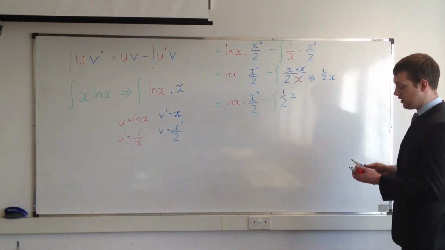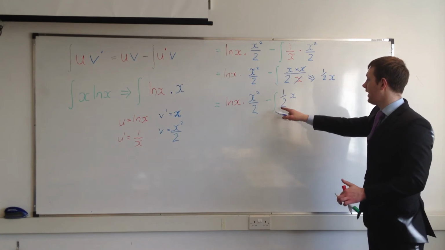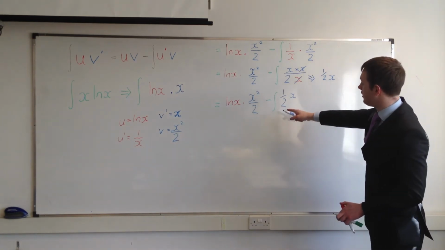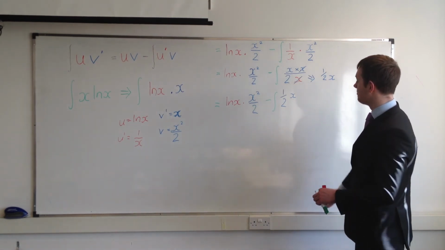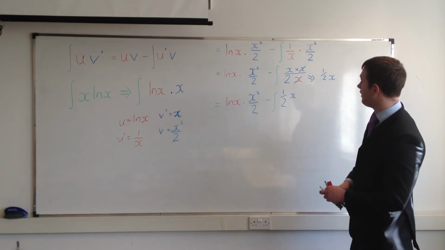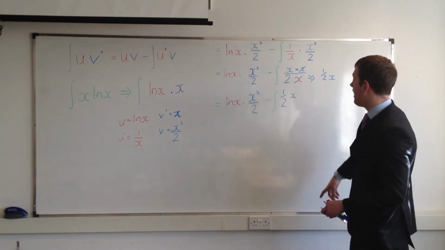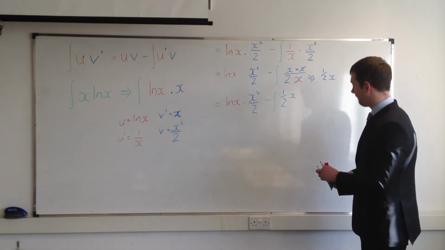Now, as we showed in previous videos, if you have the integral of a constant times by the x, which we're trying to work out, you can actually take this constant outside the integral and then integrate what's left inside it.